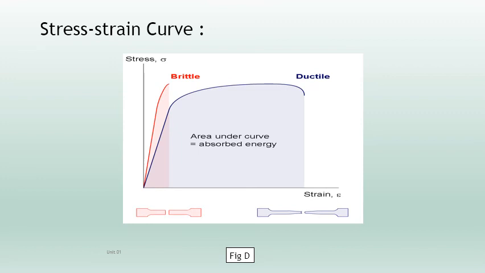Here also you can see that the test specimen breaks suddenly at 90 degrees, whereas in ductile material you can see the neck formation or cup and cone formation. So remember this important point: the area under the curve is nothing but the absorbed energy by the material.